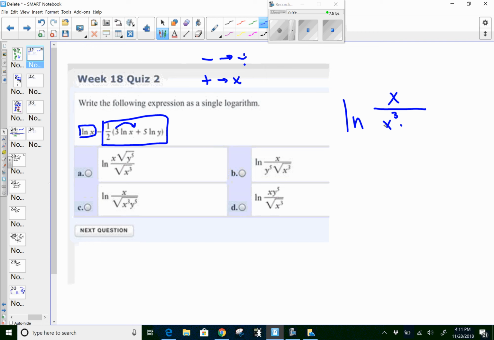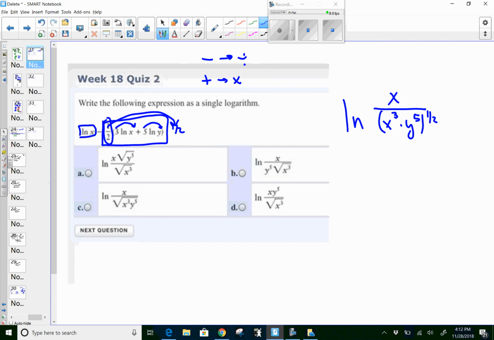So I'm going to do a times, and the 5 is going to get kicked back. That's going to be y to the 5th. But I ignored this for right now because I need to do what's inside the parentheses first. And then all of it gets a half exponent because, again, this gets kicked to the back of the whole thing. So it's like to the 1/2 exponent right there.